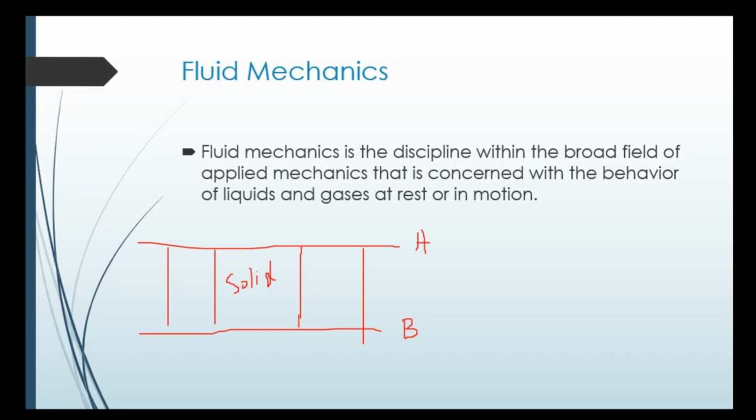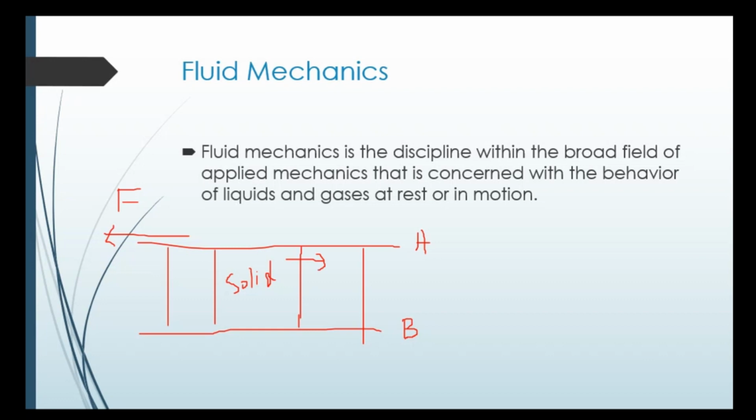If I apply force F in the horizontal direction on the top surface A, what would happen? It will try to shear the top layer of the solid, but the solid would resist this force, so it will try to retain its shape.